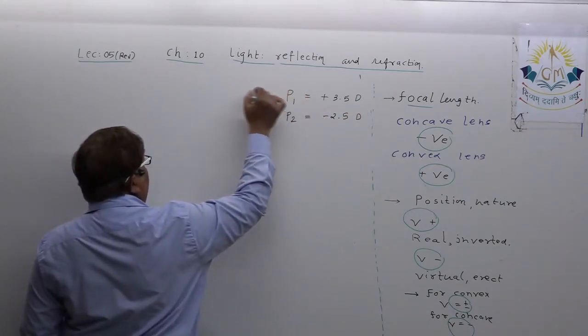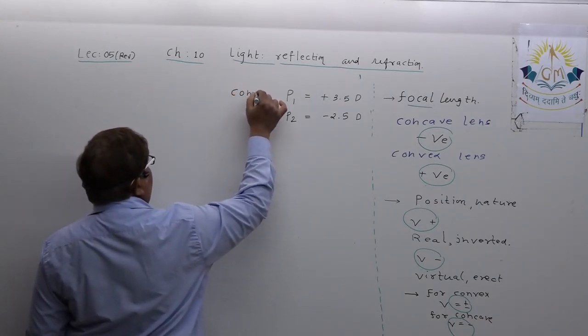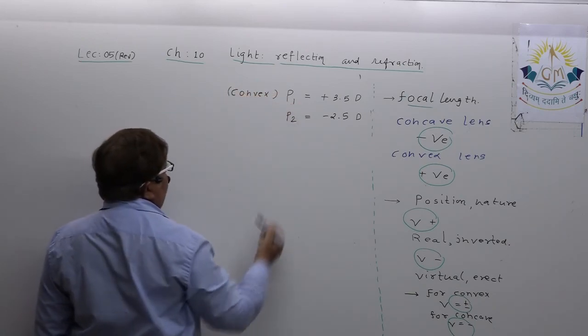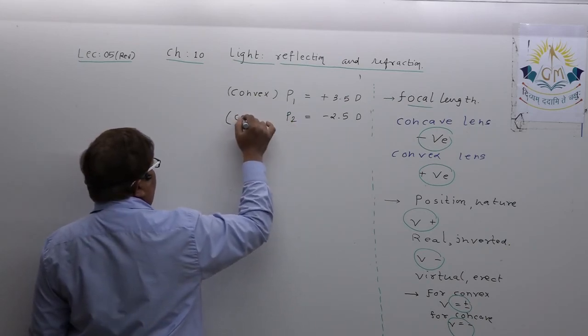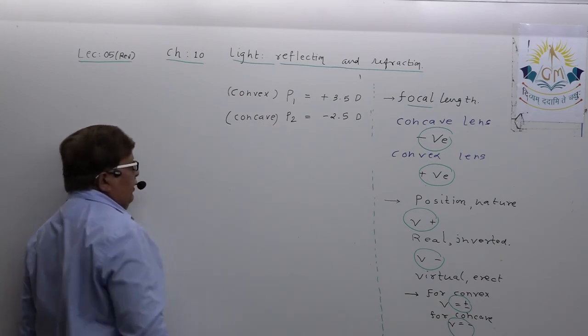Here the power is positive, so it is definitely a convex lens. Here the power is negative, so definitely it is a concave lens.